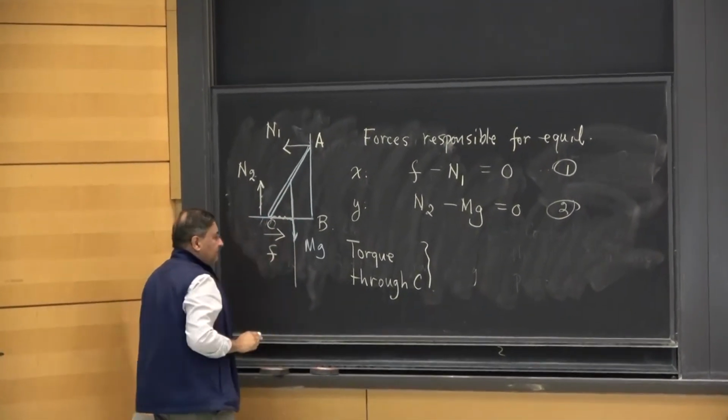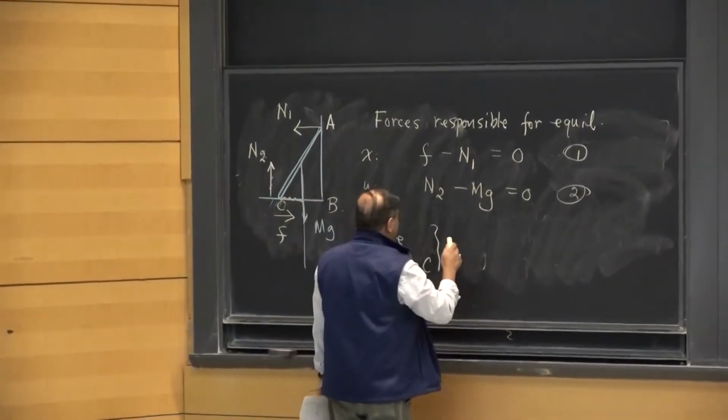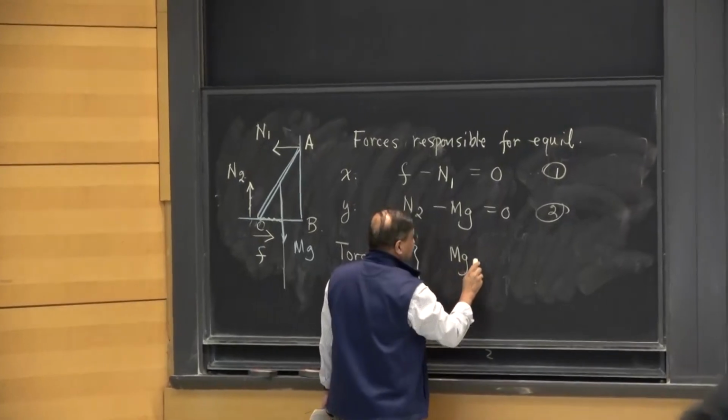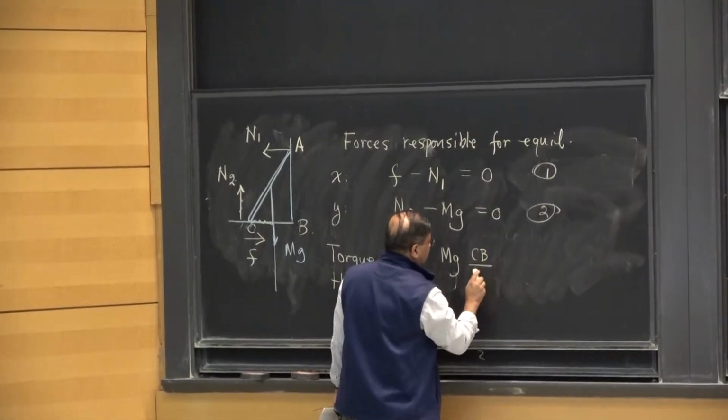But let me not put in numbers. I just say one of those torques is going to be mg times the distance CB over 2.